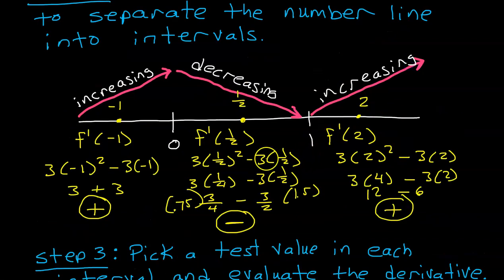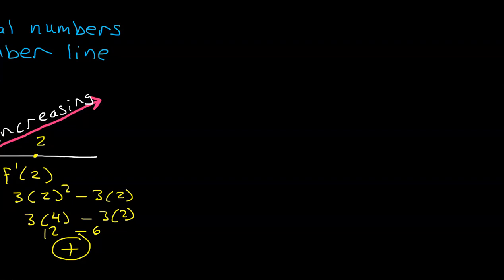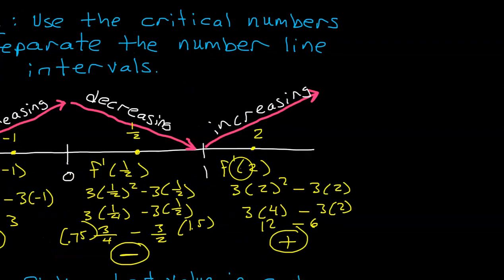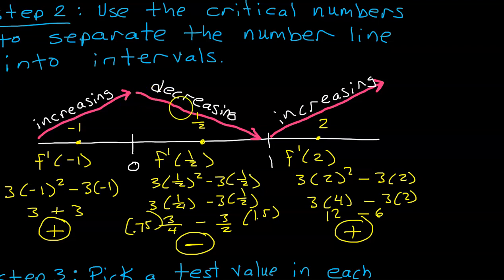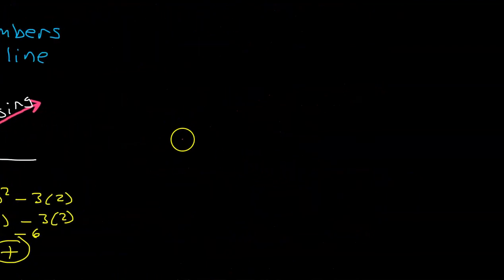So I want you to notice how this gives us a rough idea of what the actual graph must look like. When we look at the actual graph, we should expect to see something like this. We know that the graph is going to be increasing and then decreasing and then increasing again.